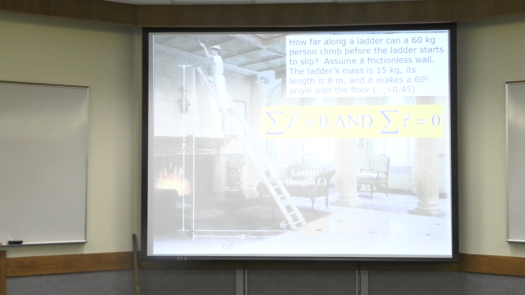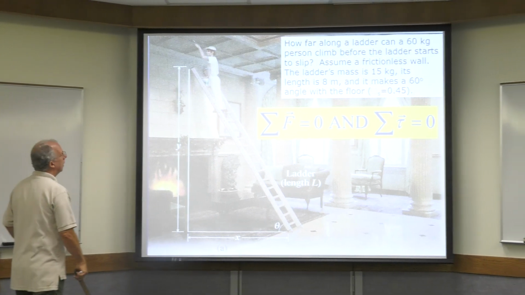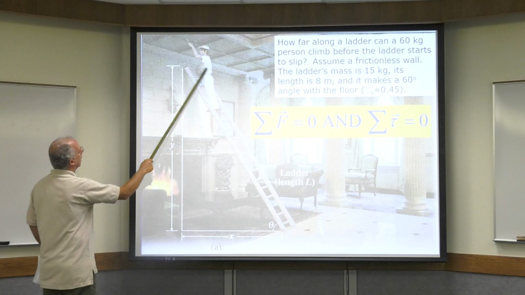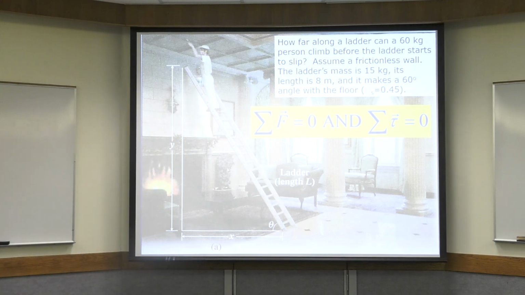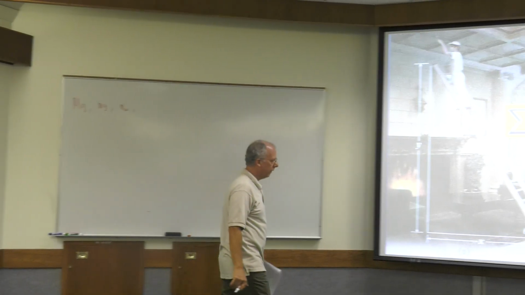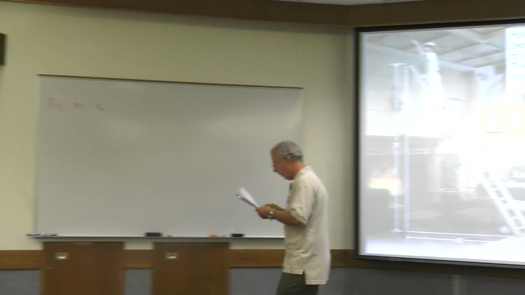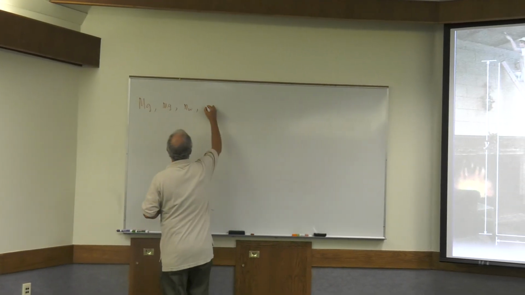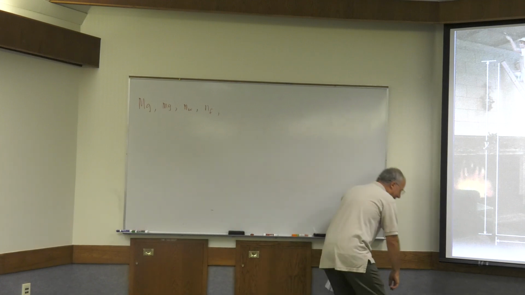Okay, what else do we have? What other forces do we have acting on the ladder? Well, we have a normal force right here, right? Normal force from the wall. So we're going to have normal wall. What other normal forces do we have? Normal floor, right? And what else do we have, which is kind of crucial?